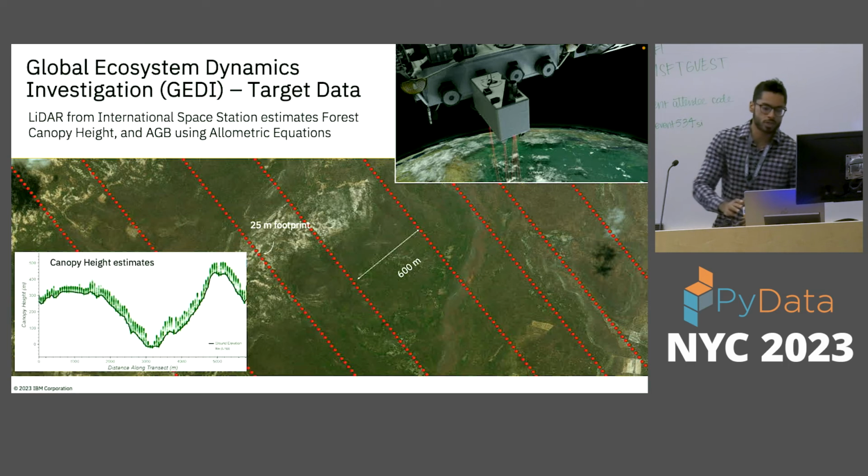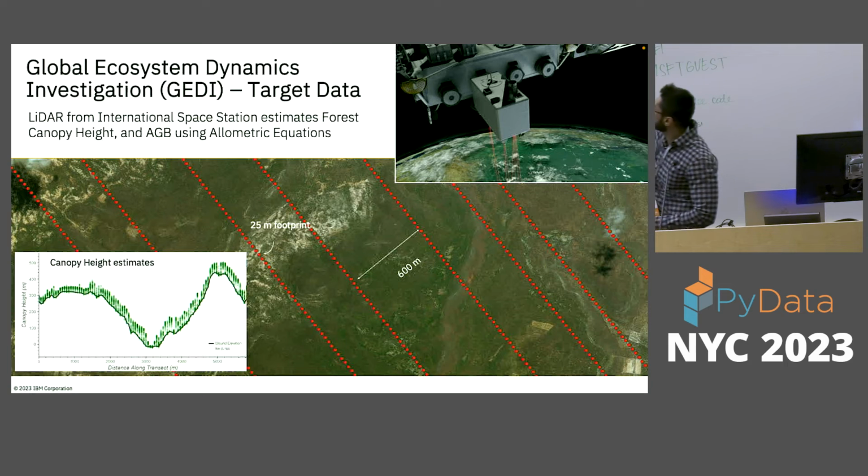As I mentioned, this is placed on the ISS, and this is what the sensor looks like on the ISS. This is how the LiDAR points look on the surface of the Earth. They are in the form of straight lines, and in each line, every point is separated by around 60 meters, and every point is a 25-meter footprint.